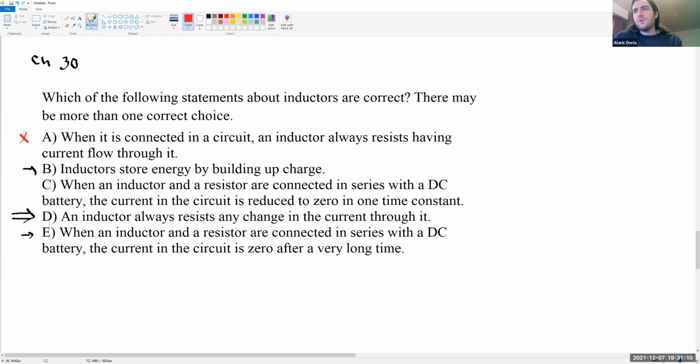B, inductors store energy by building up charge. This is an interesting choice. Inductors do not store energy by building up charge. That's what capacitors do. Inductors can store energy in the magnetic field.